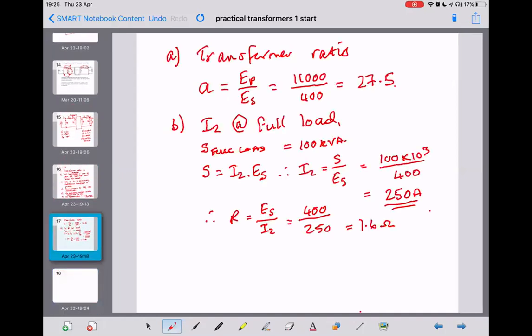Yeah, 1.6. And so that is R, but that's essentially Z as well. Yeah, that's the Z, but it's per resistive load. All right, ZR. Okay.